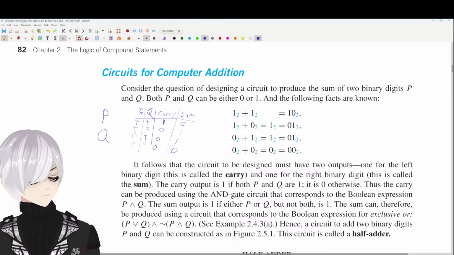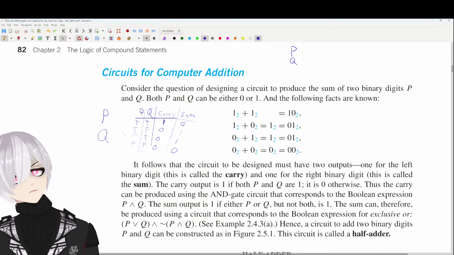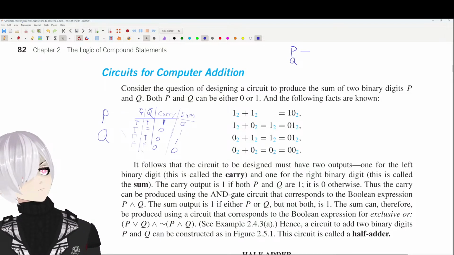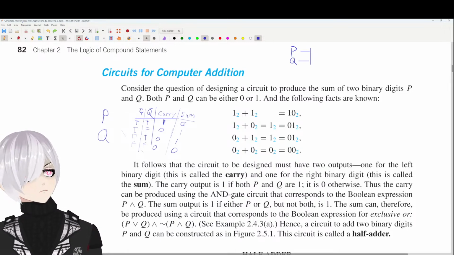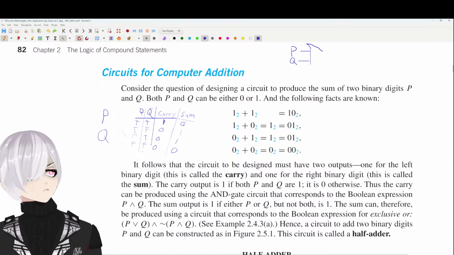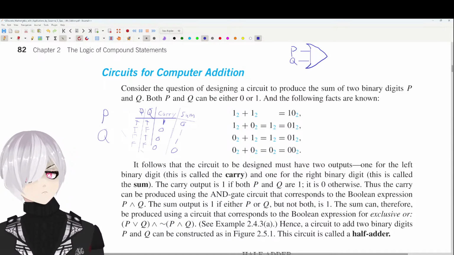So let's see. We have P and Q. We need P or Q. We're going to need to have the P and the Q go through an OR gate.